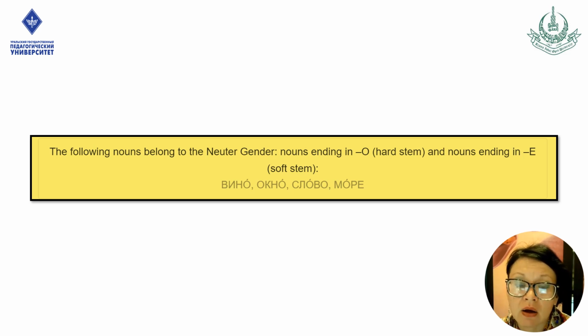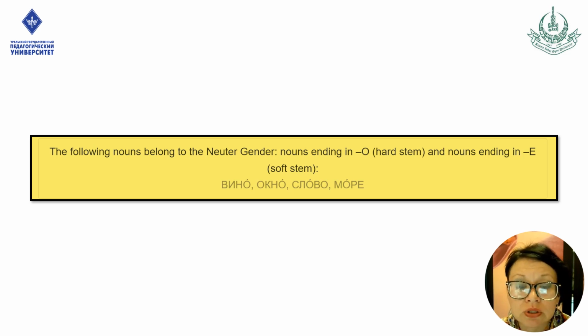These are masculine gender nouns. Nouns ending in a correspond to feminine gender, and some nouns ending in a soft sign also correspond to feminine gender, for example площадь.